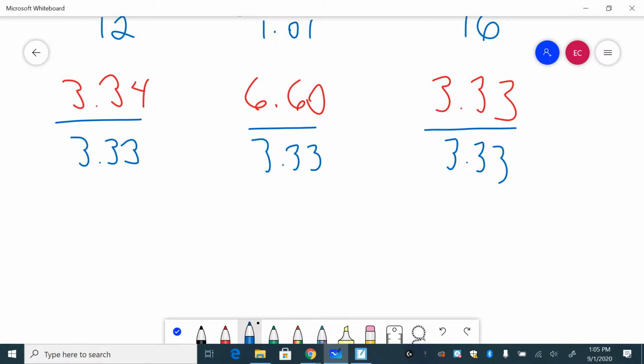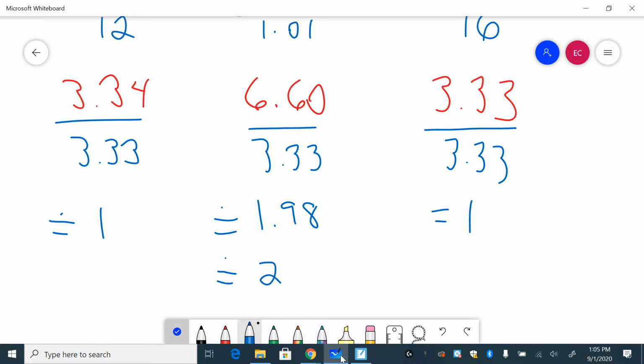So the first one, 3.34 divided by 3.33, is 1.00. So it's basically 1. This one, though, is 6.6 divided by 3.33. It's 1.98. So we've got a problem there. And then this one equals 1. We still have a problem because I've got 1.98, but that's close enough, and you can use your rounding rules to get 2.